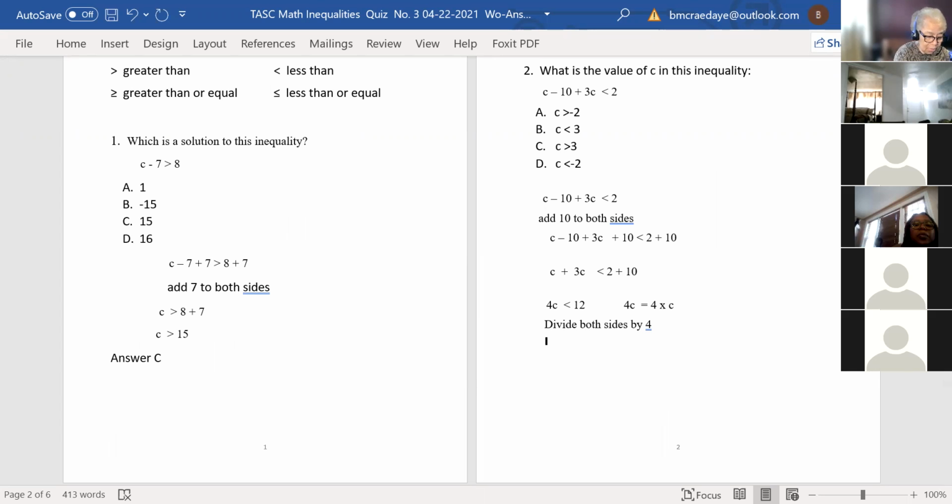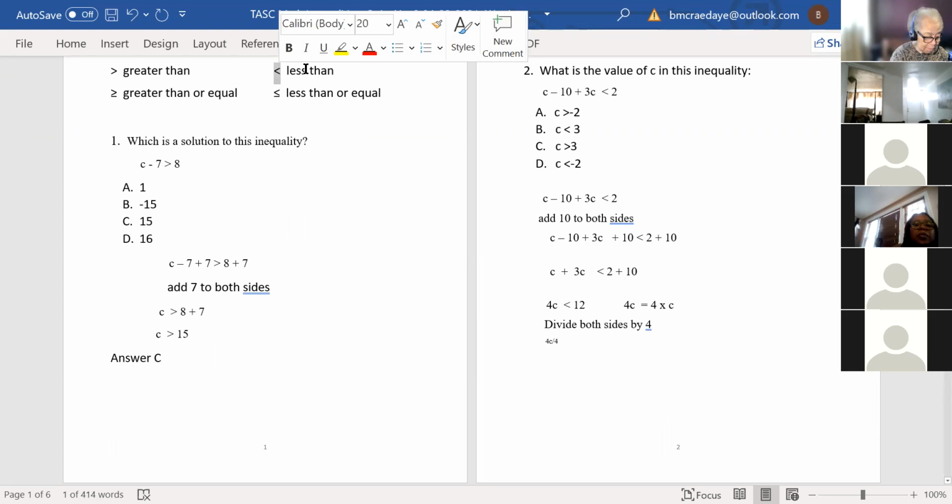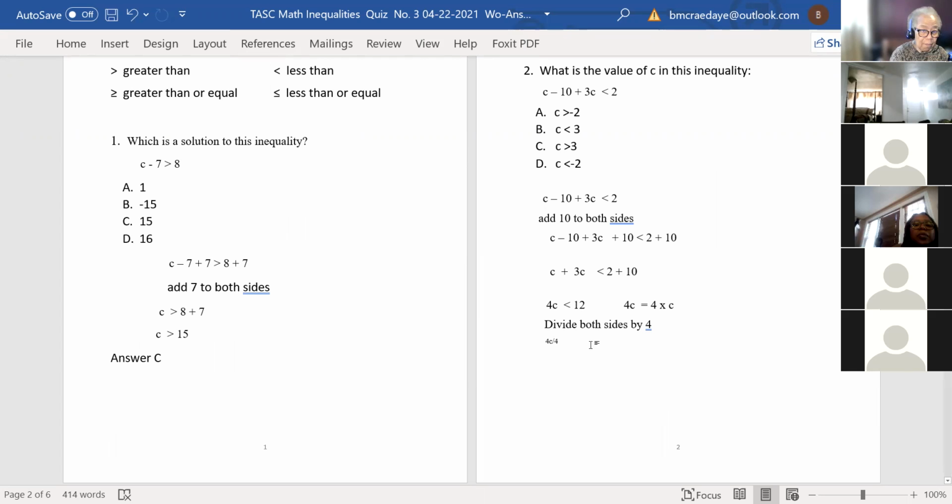Divided by 4 is 1, right? And let's put our less than. So 4C divided by 4 and 12 divided by 4.